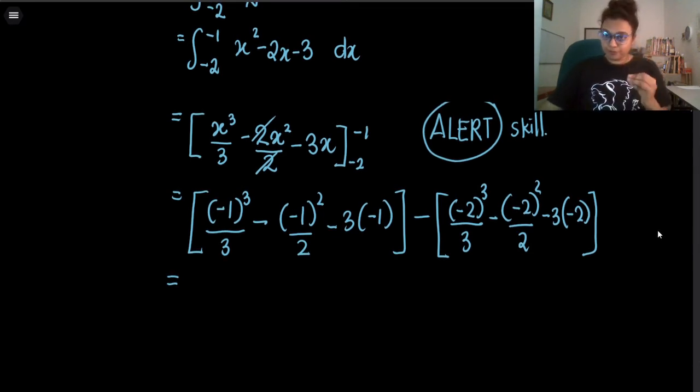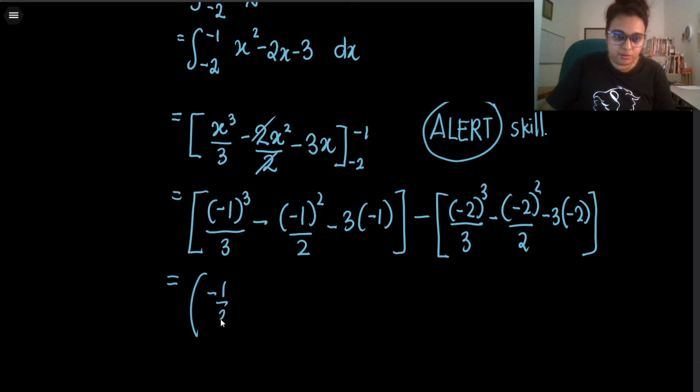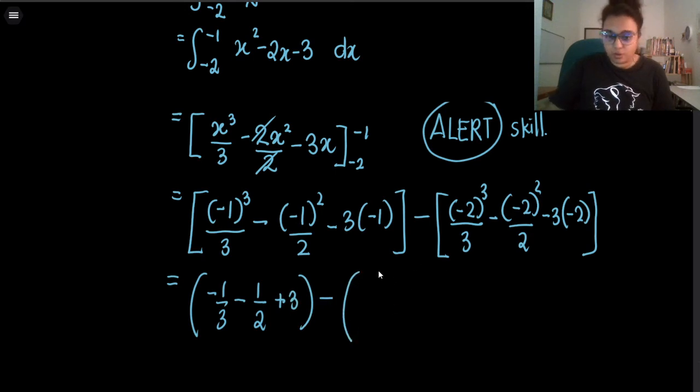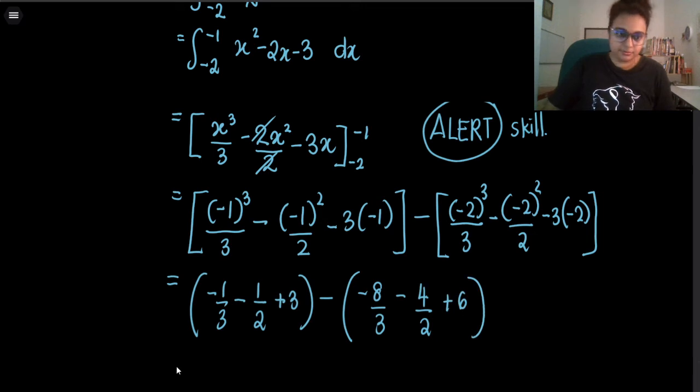Okay, so let's continue. I'm going to solve the first part here. The first part, negative 1 cube over 3. I'm going to do it one by one. So this is negative 1 over 3 minus 1 over 2 plus 3. Minus the back one will be negative 8 over 3 minus 4 over 2 plus 6. Solve the first bracket first.